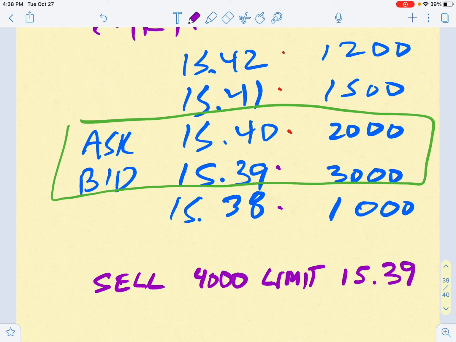Okay, think about that. What happens if that order arrives? Okay, what happens if that order arrives? Sell 4,000, limit 1539.